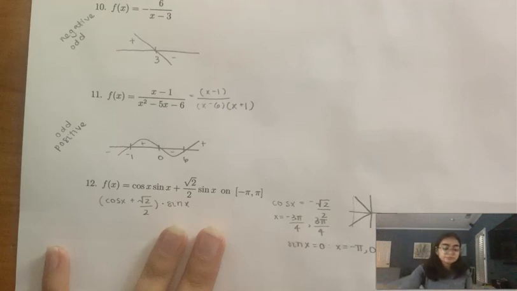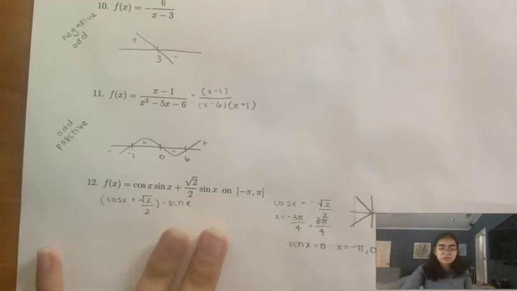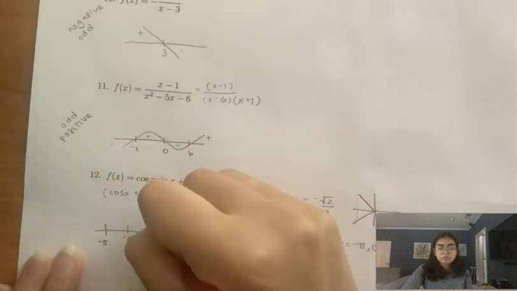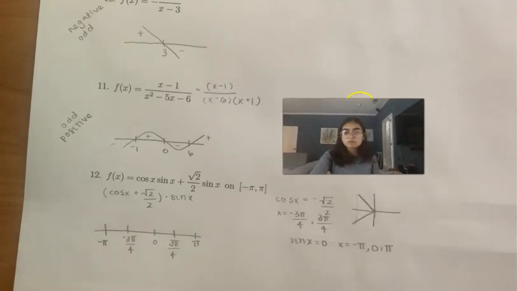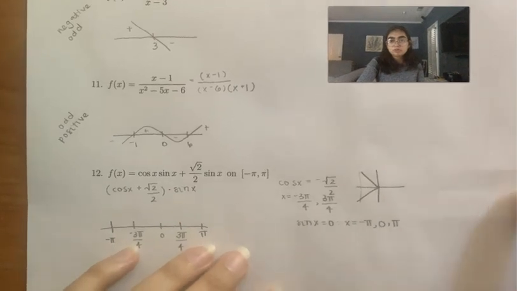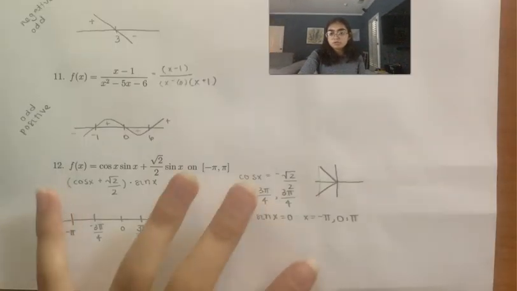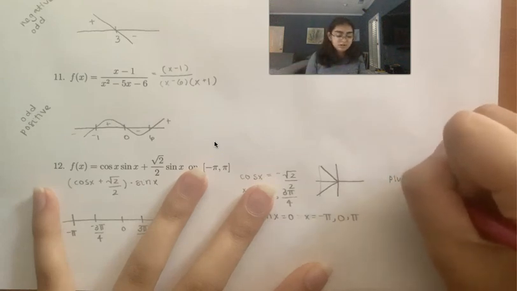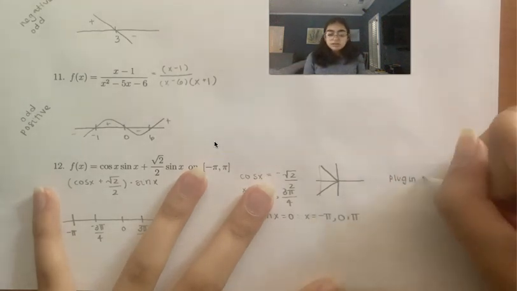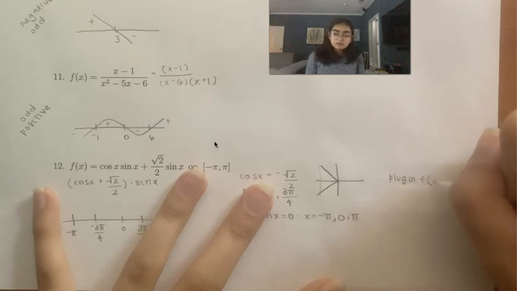So now that we have all of our zeros, we can mark that down on our number line. And then we're just going to have to plug in values for each of our intervals. So I'm going to move myself up a little bit so we can see. First we're going to plug in negative 5 pi over 6, because that's a good number in between negative pi and negative 3 pi over 4.